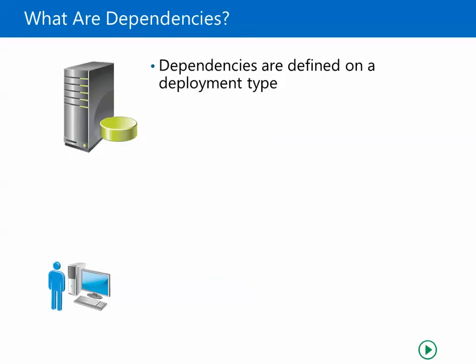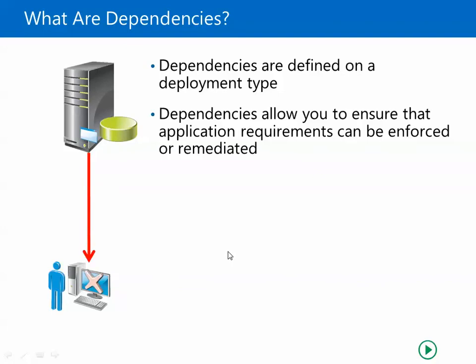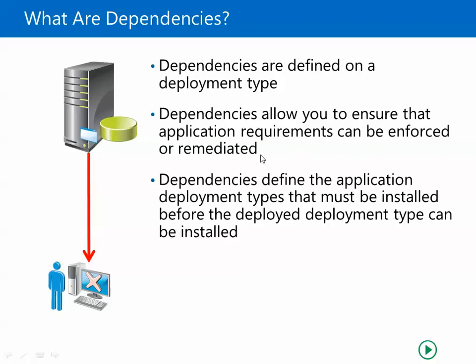Clear. So dependencies means what? I want to install some application that requires some additional prerequisites. Getting? Dependencies are defined on a deployment type. Dependencies allow you to ensure that application requirements can be enforced or remediated. Dependencies define the applications' deployment types that must be installed before the deployment type can be installed.